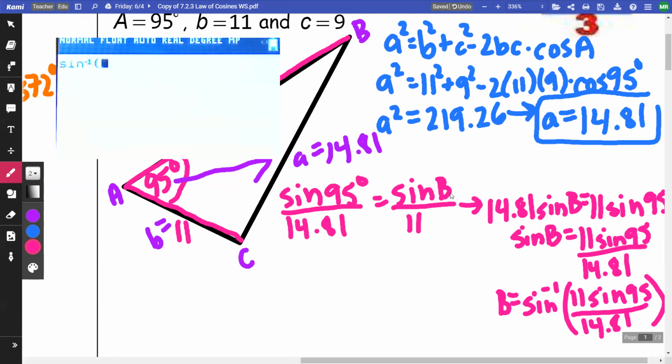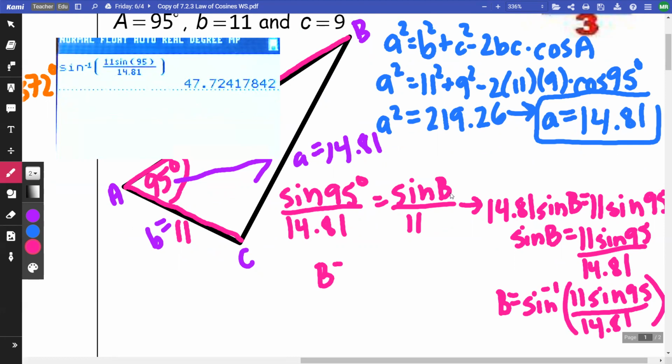So sine inverse of 11 sine 95 over 14.81. And I end up getting 47.72.